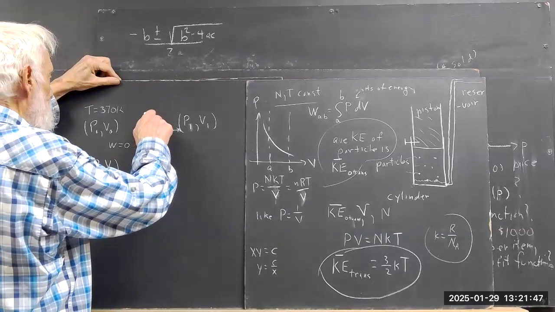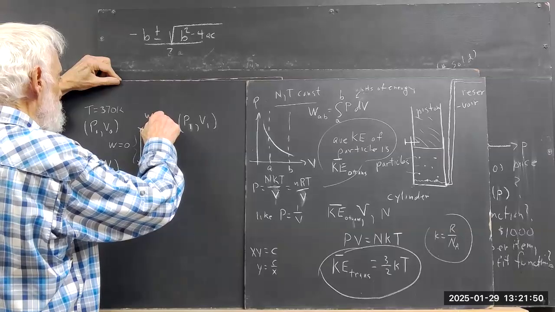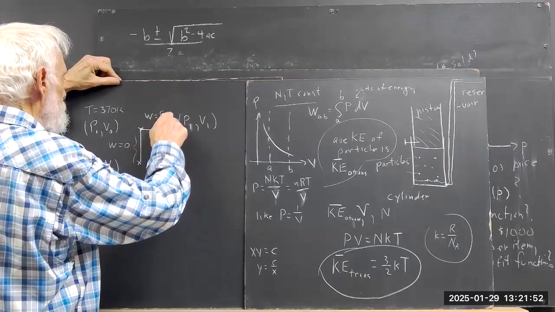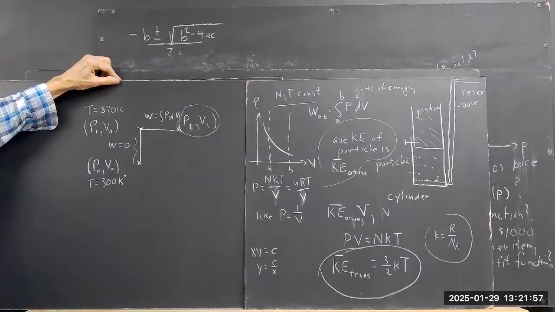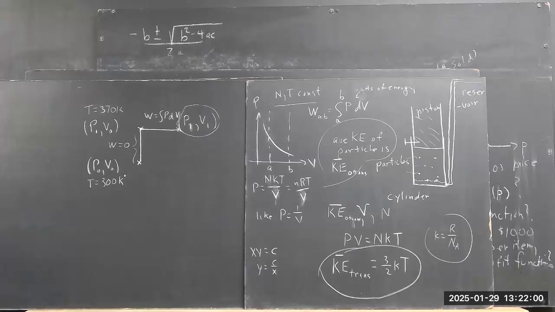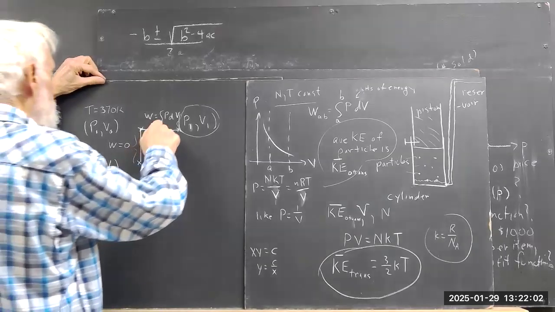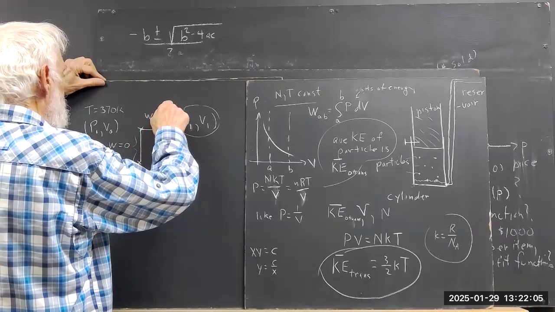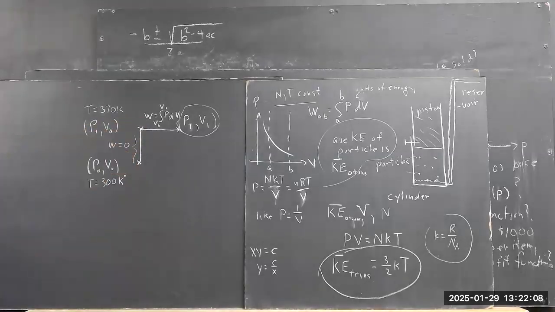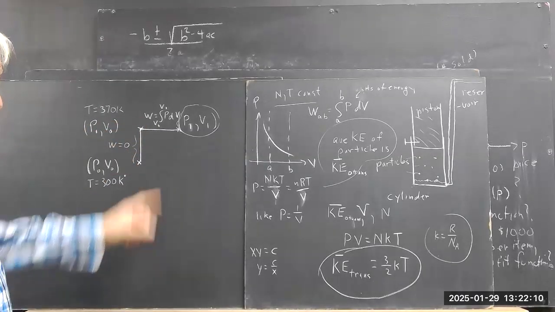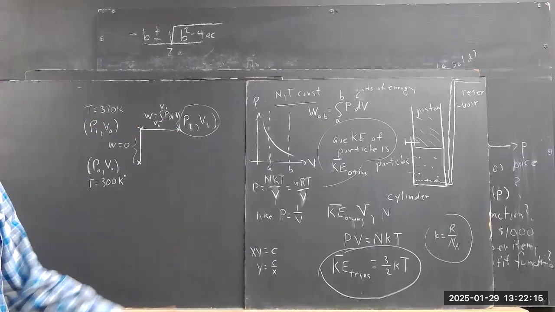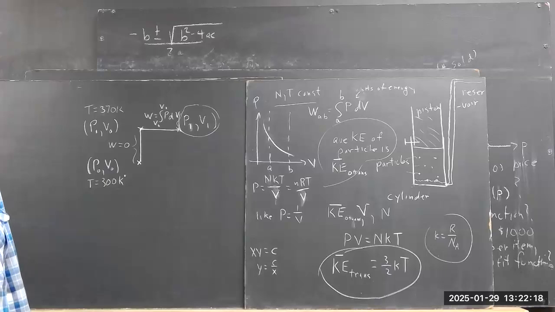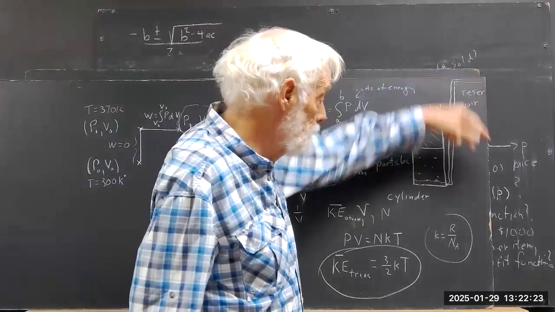Okay, here. What is the integral of P dV? Okay, it's from V naught to V1. Well, what is that integral? What is P for this part of the process? What's the formula for P? It's just P1, because P is constant.